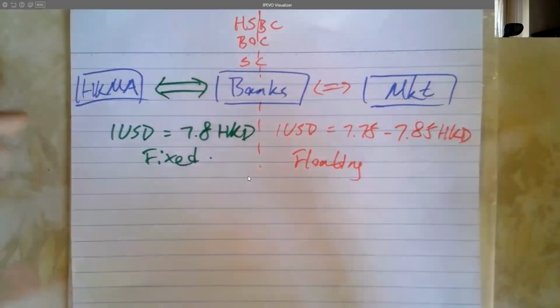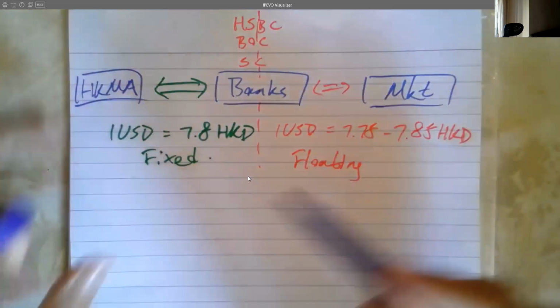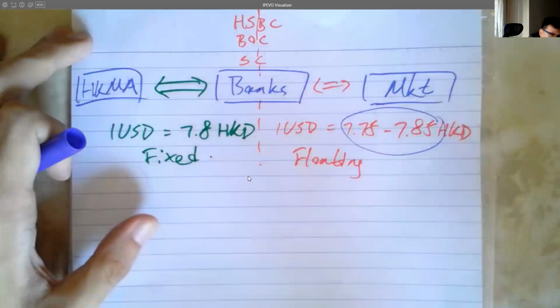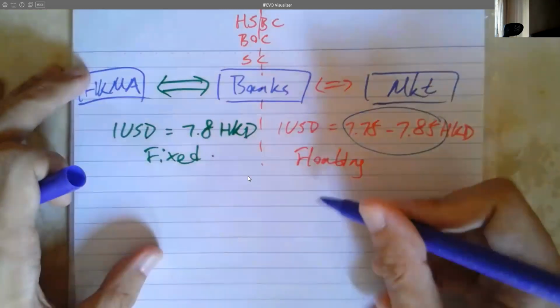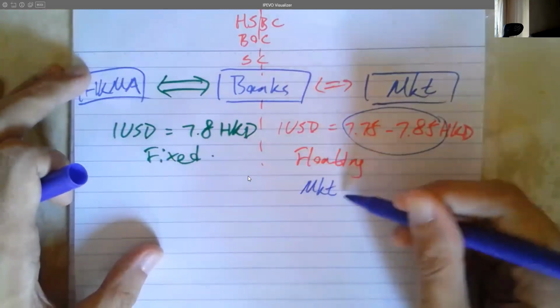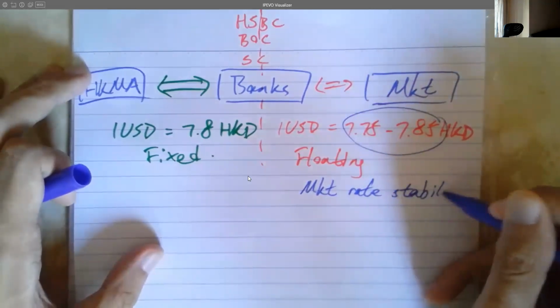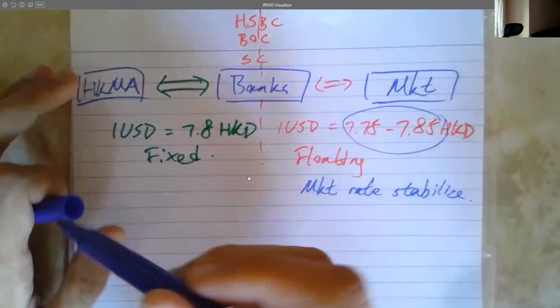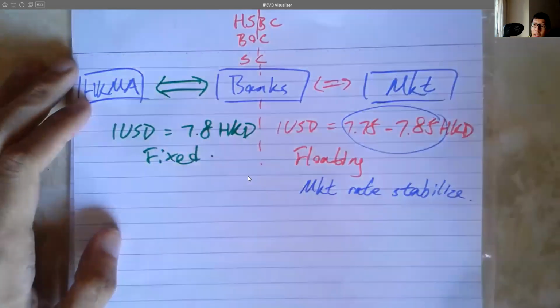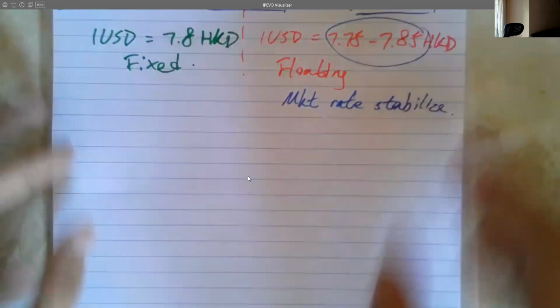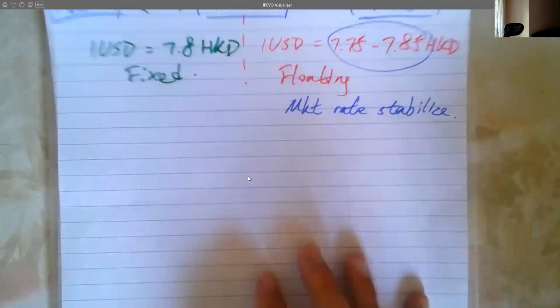Remember, the objective of the linked exchange rate system is to make sure the market rate will be stable. The most important thing about the whole linked exchange rate is to stabilize the market rate, right? So how does it work? Let's imagine and try to see what happens. There are two cases.